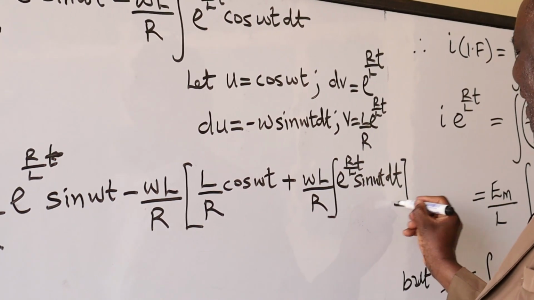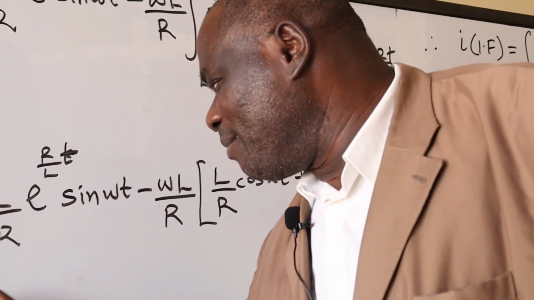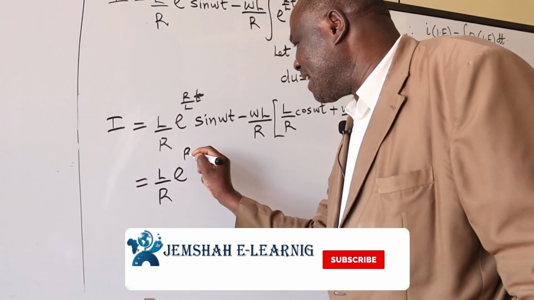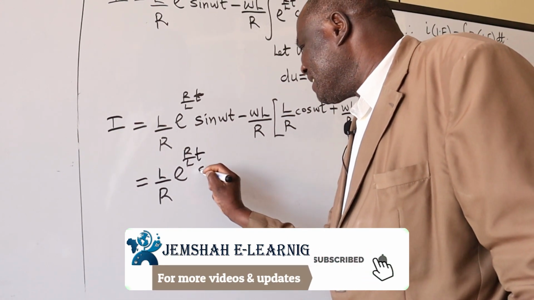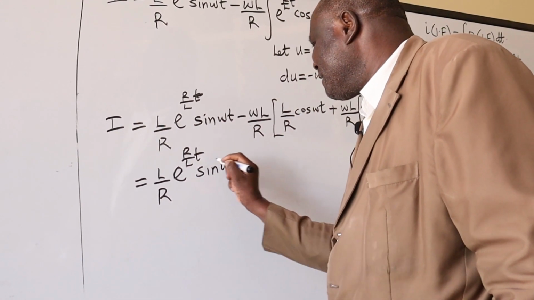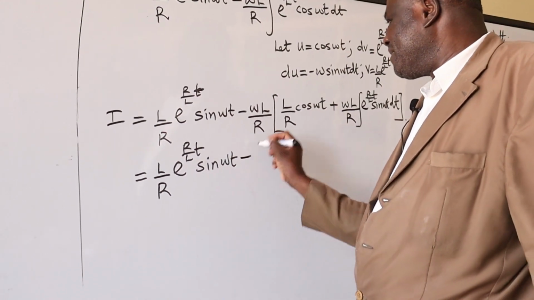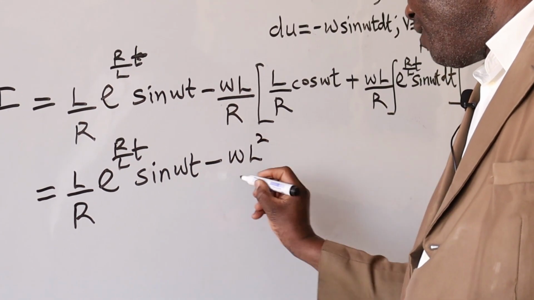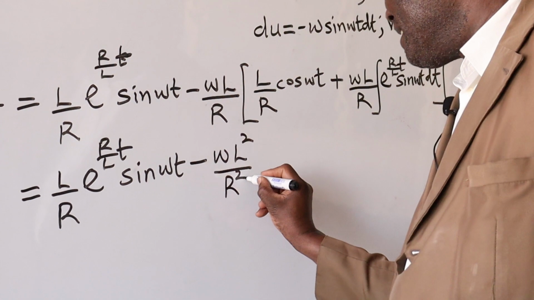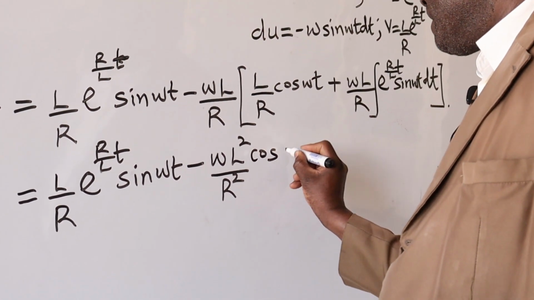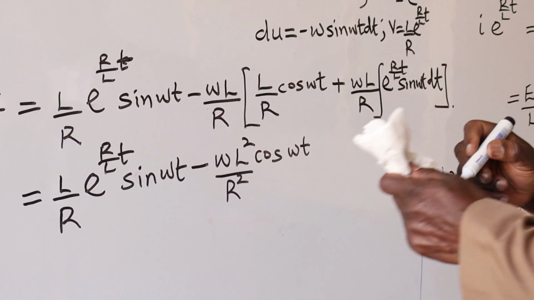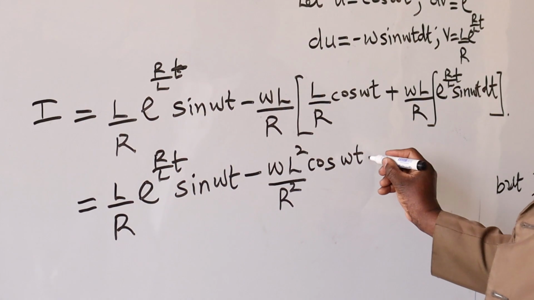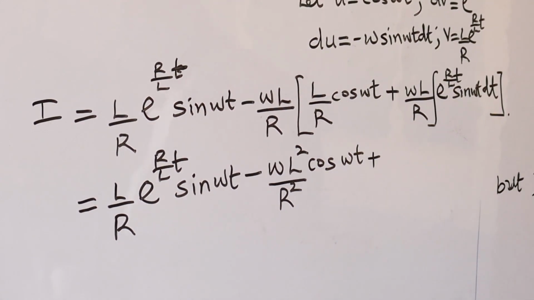So we close that bracket, which is the same as L over R exponential R all over L t sine omega t, minus omega L squared all over R squared cos omega t. So this is omega L. This will be a minus.